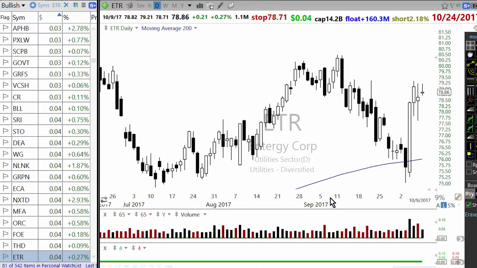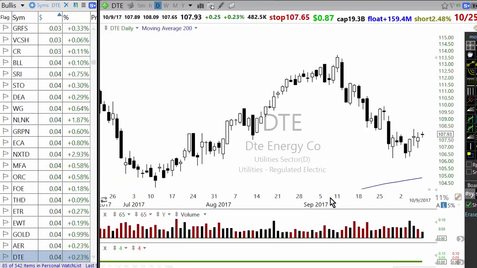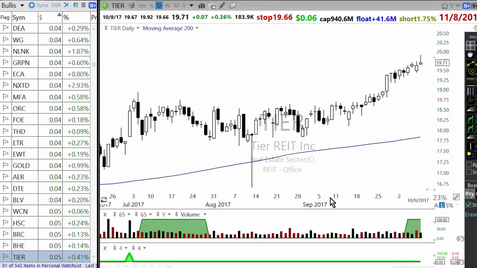So this is the benefit of this particular scan. Let's try and find if we can find any good setups out of this today.